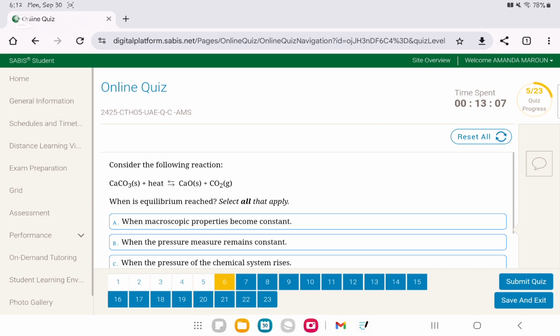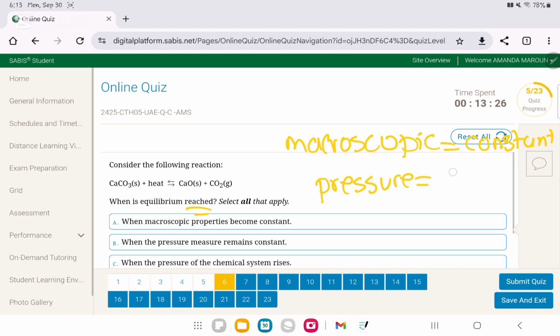Question number 6. When is equilibrium reached? We said equilibrium is reached when macroscopic properties are constant, and when the pressure is constant, because pressure is a macroscopic property. Another thing, equilibrium is reached when no changes are detected.